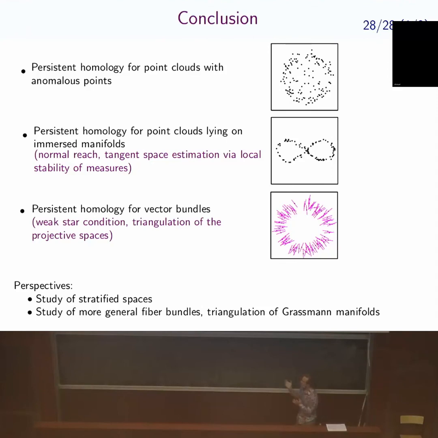Okay, and last word about perspectives. Something that really interests the community at the moment are the stratified spaces, and these lifting ideas that I developed, I'm quite sure can be applied to these more general spaces.